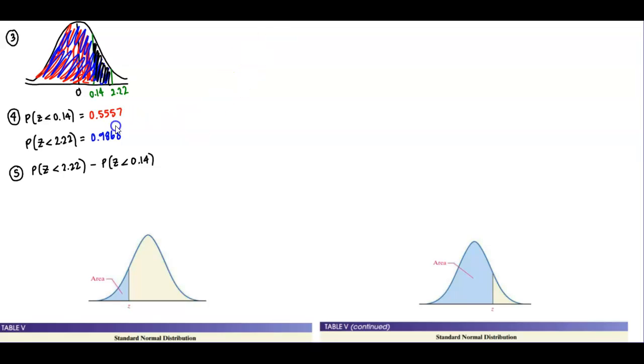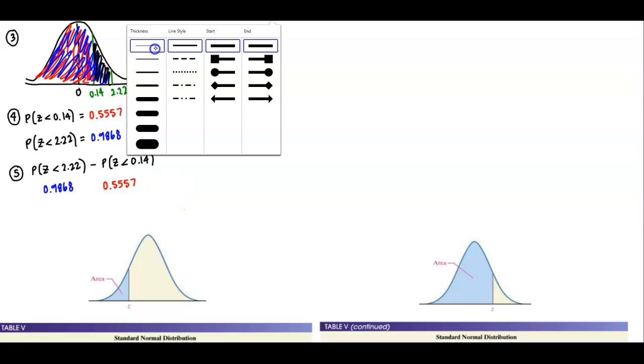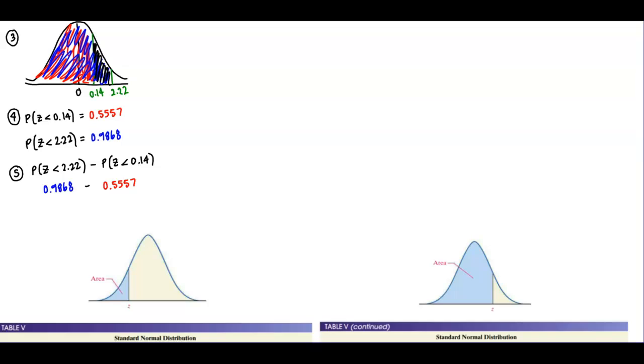So we take 0.9868 and subtract 0.5557. When we subtract, we get 0.4311, which we can round to 3 decimals to be 0.431.